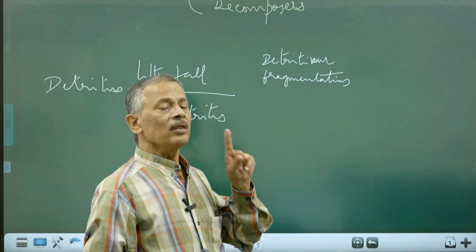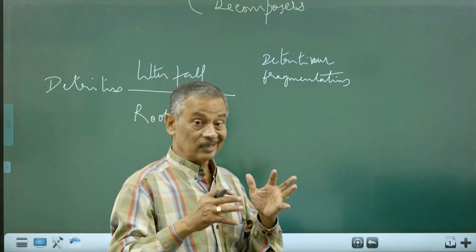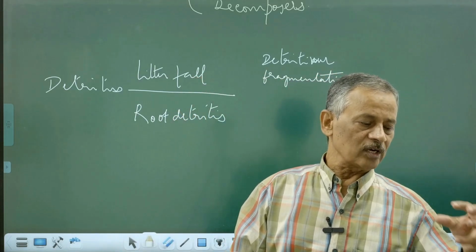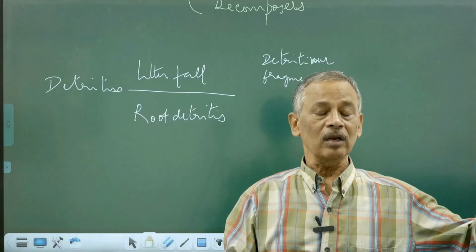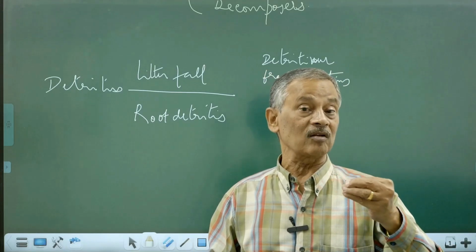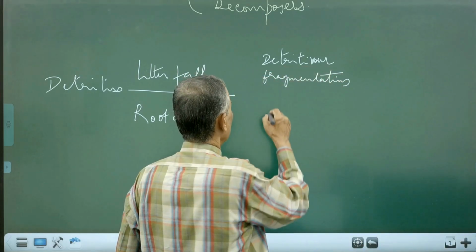Now, the soluble organic material present in them will get dissolved in water, and as the rainwater goes to the lower layers of the soil horizons, this soluble organic matter will also go along with it. This is what is called leaching.